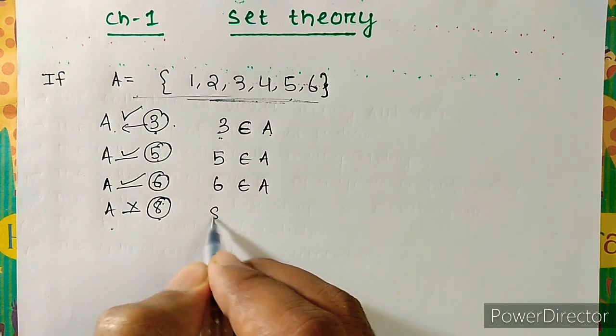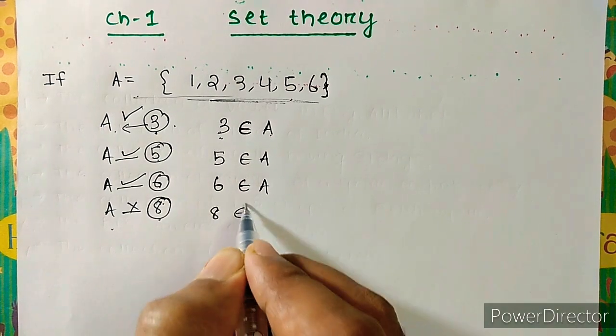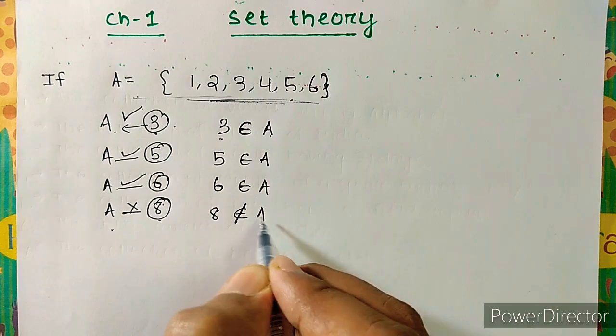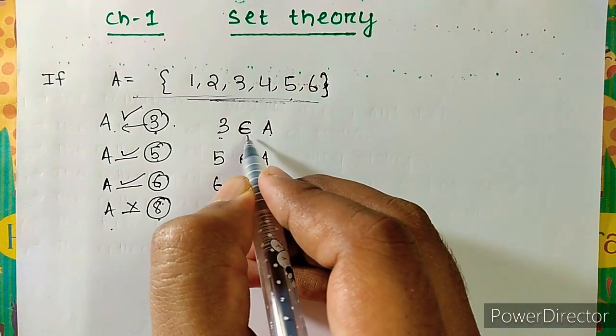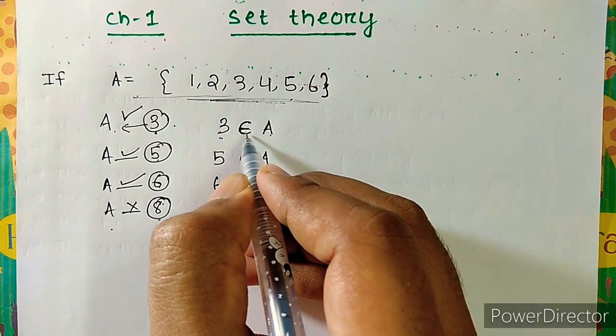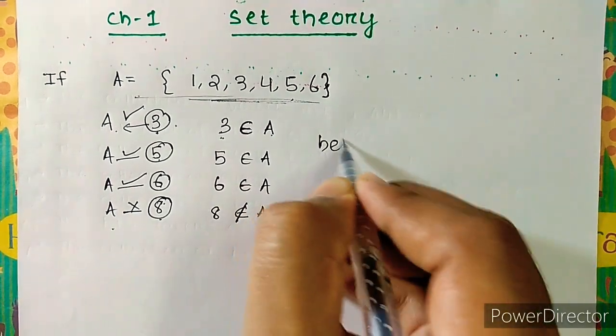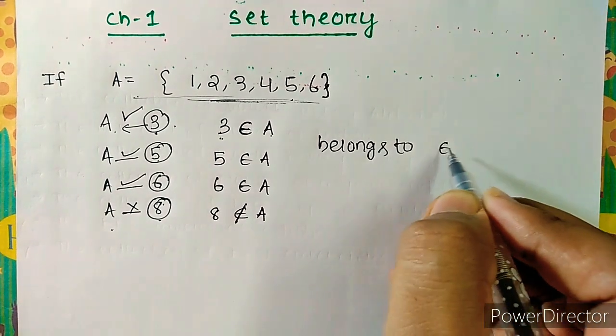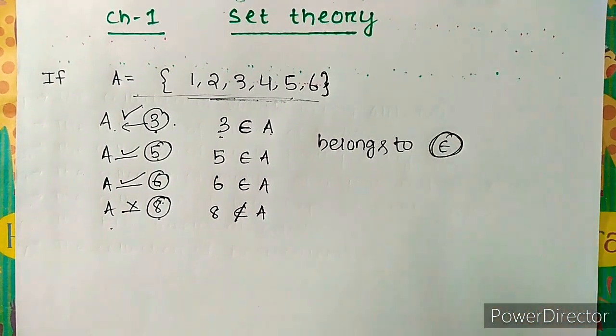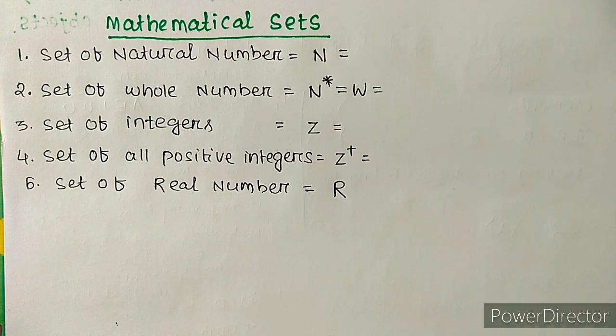So we can say that 8 does not belong to A. For belongs to, we are using this symbol.